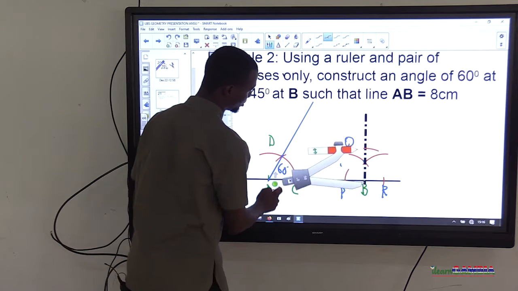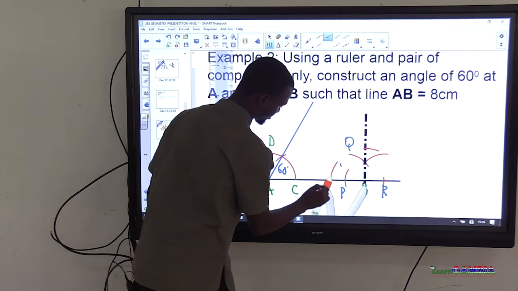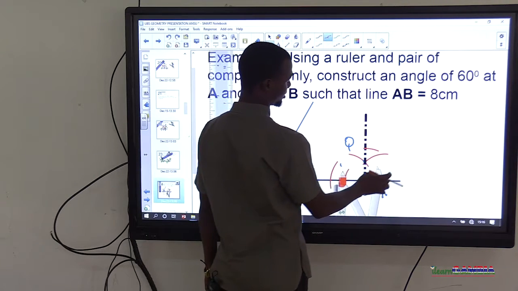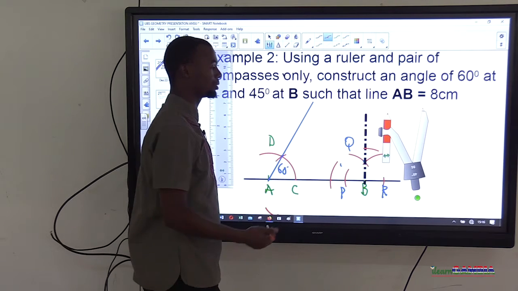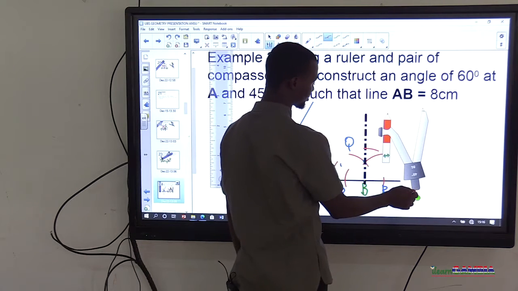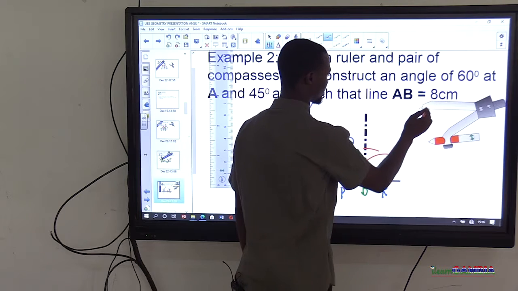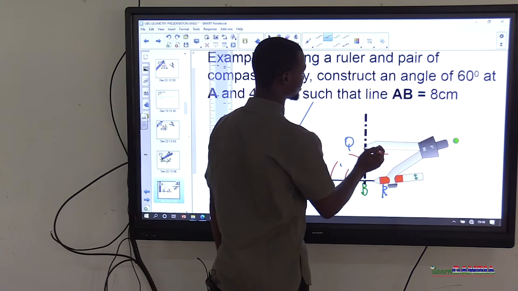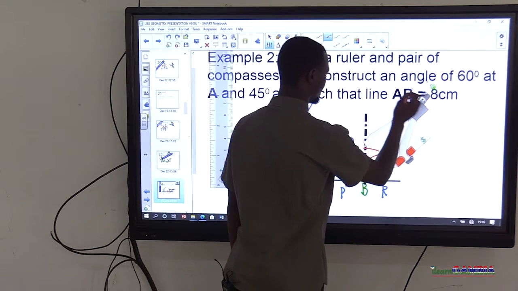Then I go to the line also and draw an arc. Then the two arcs I'll use as center. I'll use this arc as center.